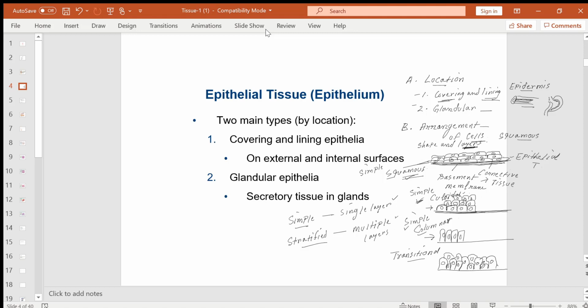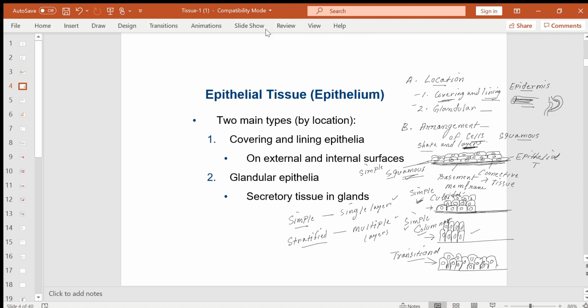Now if I add more layers, then this is no more single, it is called stratified columnar. Okay, transitional is transitional, no fixed shape of the cells. Okay, so that's how we classify the epithelial tissue based on the shape of the cells and the number of the layers. That means the arrangement.